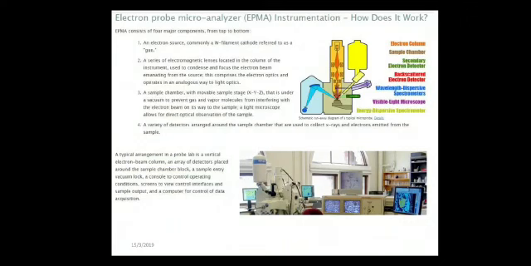In the image you can see there is a primary electron source, backscattered electrons, cathodoluminescence, secondary electrons, X-rays, absorbed electrons, induced voltage, and electrons that pass through the specimen. Based on this sketch, you can easily understand the working principles and the various components.